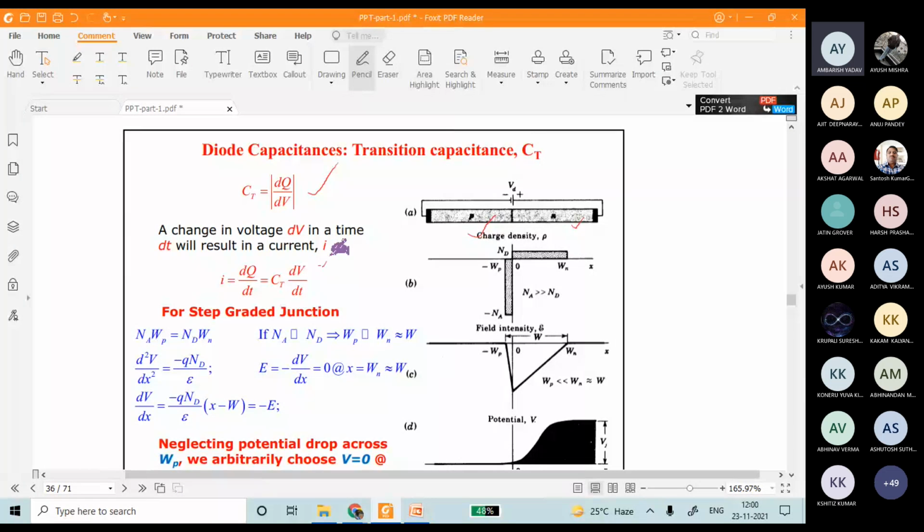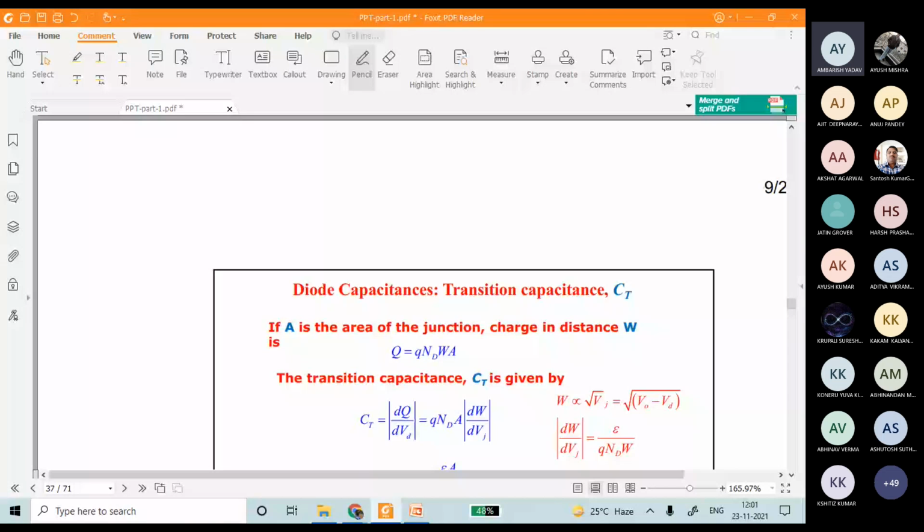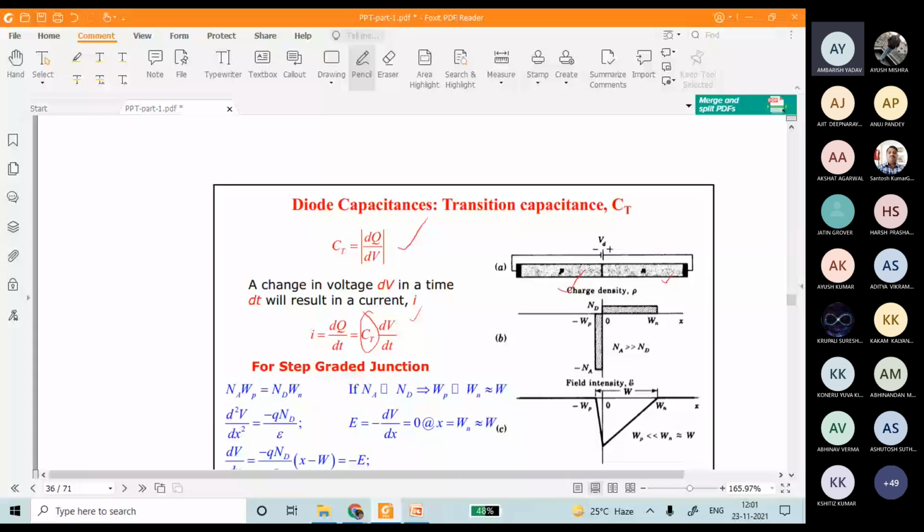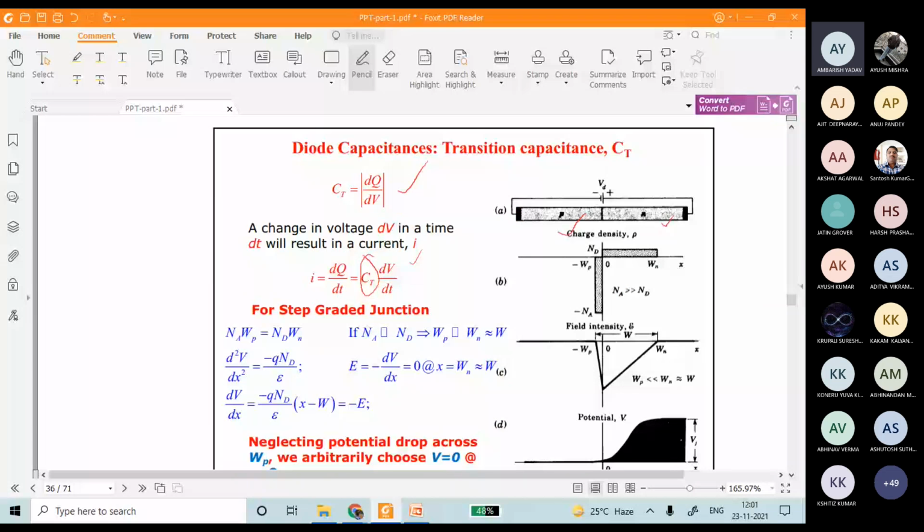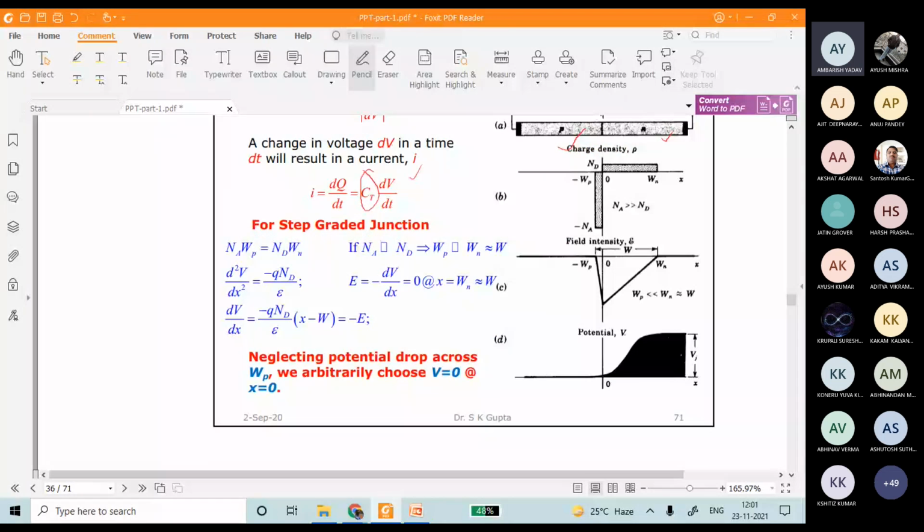So these equations can be used, and one can define this CT here. In this, we actually are required to find out this dQ by dV, and there is some estimation of these charges.